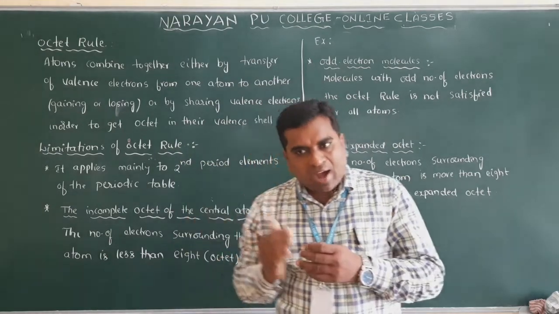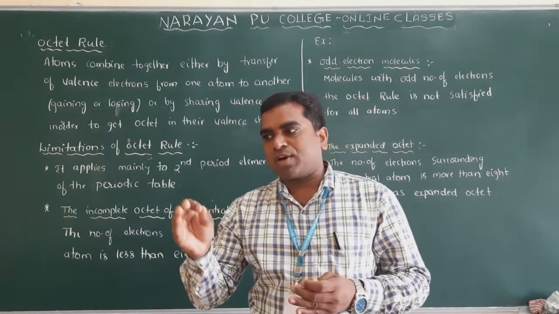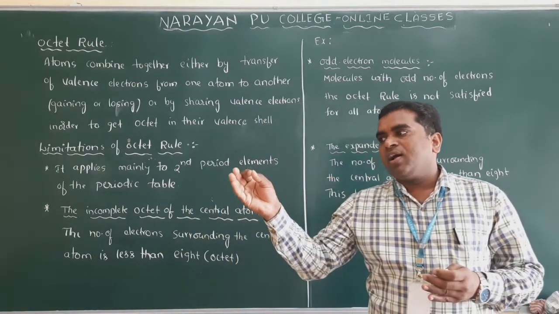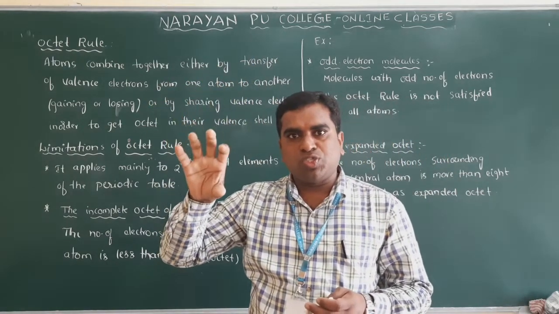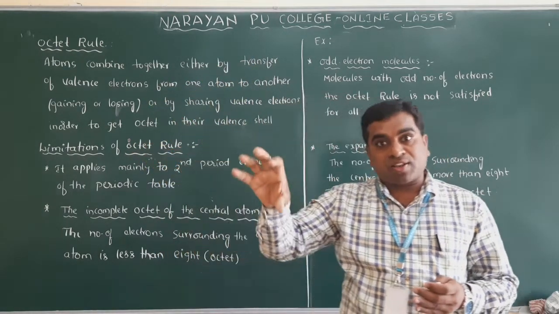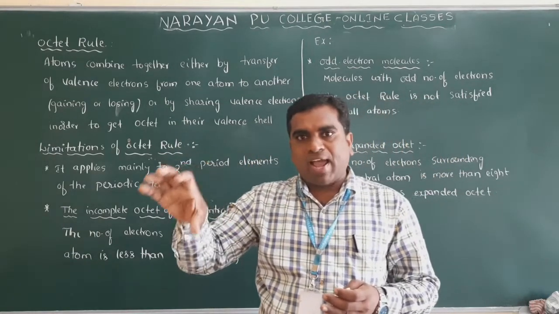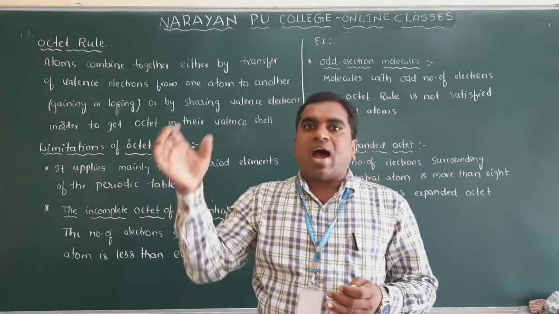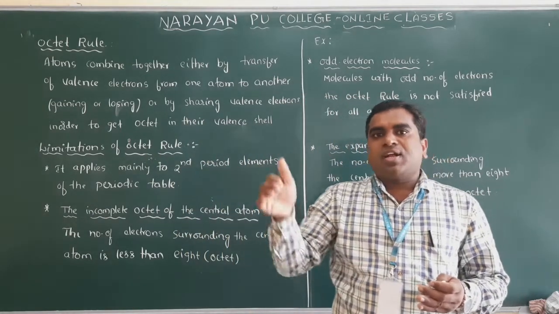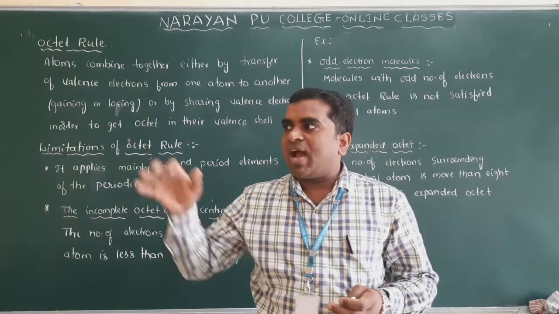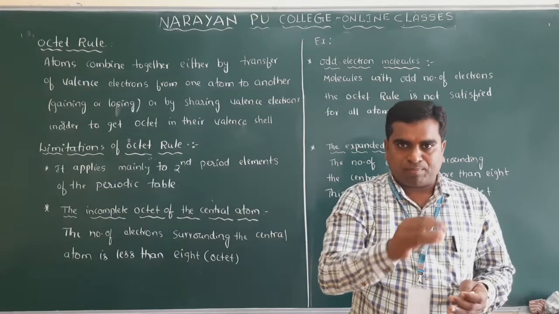After keeping the 2 electrons between the central and terminal atoms, the remaining electrons we have to arrange for the terminal atoms, not the central atom. First complete the terminal atoms' octet, and after completion of the octet of the terminal atoms, the remaining electrons should be given to the central atom.